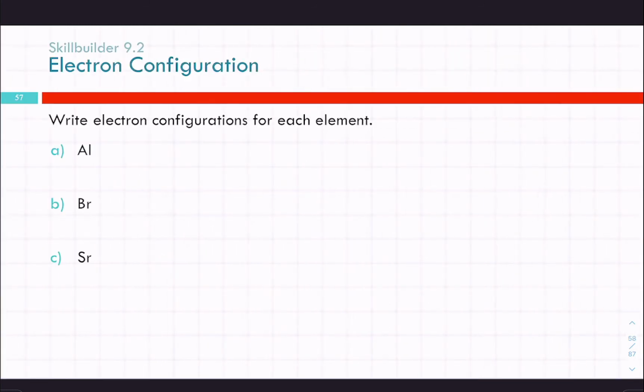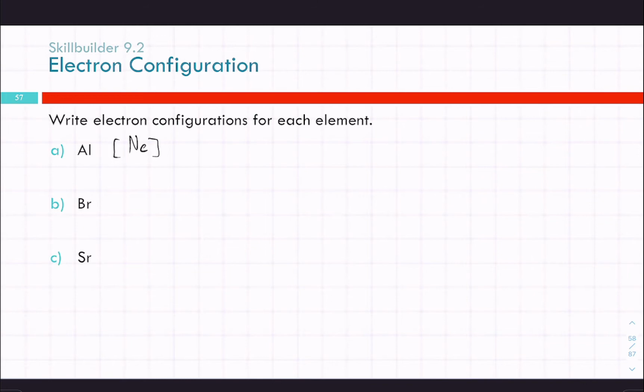Let's do a few more of these. Okay, so for aluminum, where are we going to abbreviate? Neon again. Okay, and then we have, well, even without counting the number of electrons more than neon that we have, we can figure out what our orbitals are going to be just from the periodic table. So looking at aluminum's position on the periodic table, it's the first element in the p block.